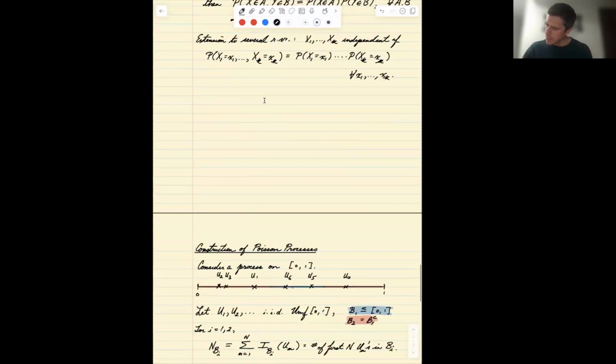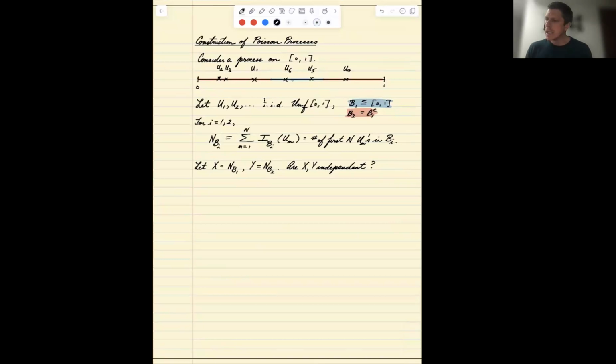But we can also reason about it: it's not possible, because once we know X, we know Y, and once we know Y, we know X. Right now the number of points that fall in region B2 could be anything from 0 to 6, if capital N is 6. But once you tell me that X is 3, I know that Y has to be 3 because the total is 6. So whatever the distribution was, it definitely didn't put 100% probability on 3, for example. So they're not independent.